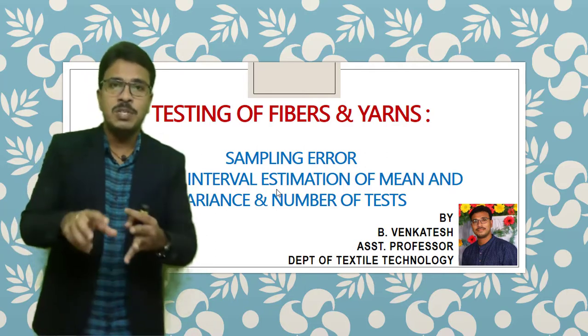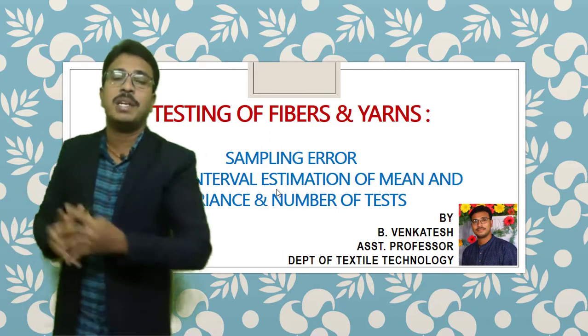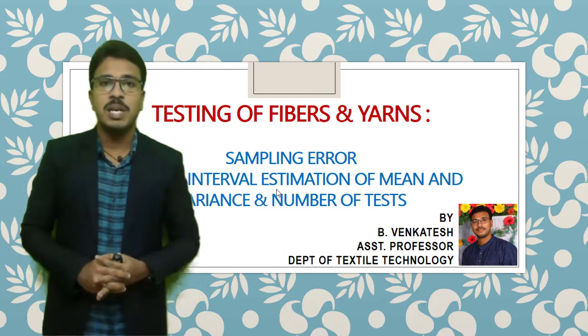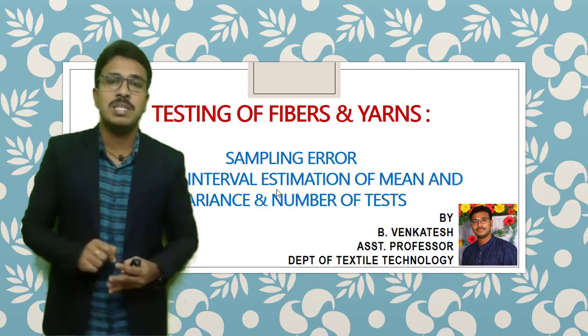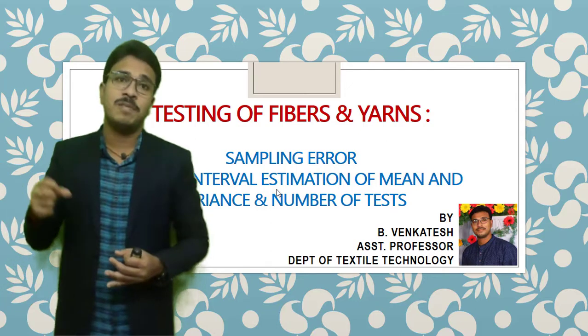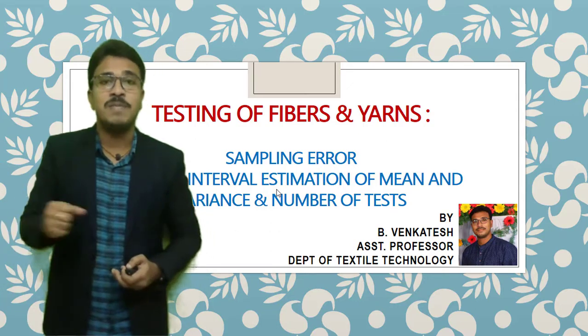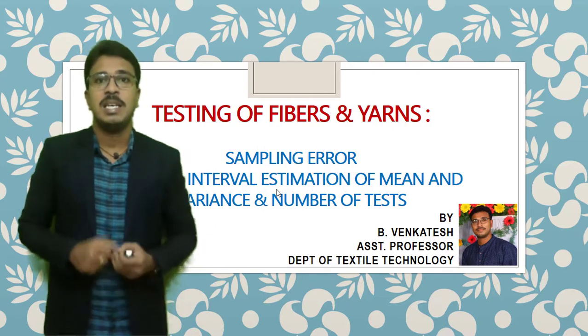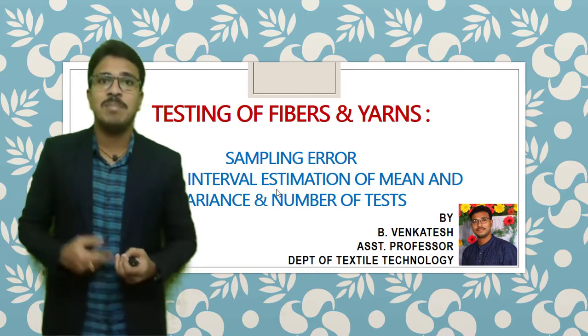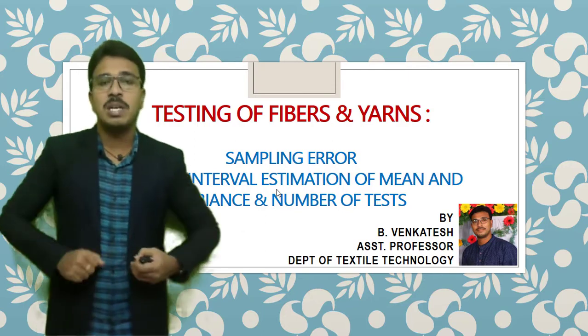Based on the test results, you expect to say, this is the quality of our bulk. Here there is a question: how many samples do I need to select? Say 100 samples, or 200, or 300, or 10. This is the question.